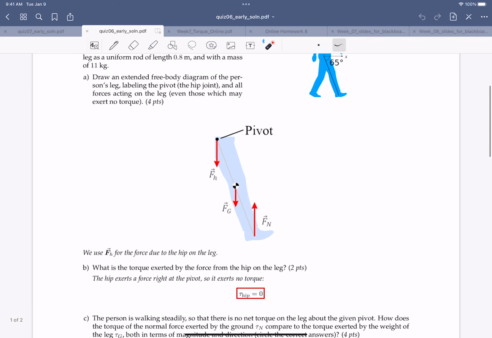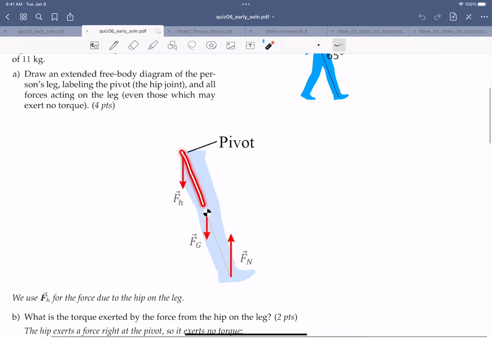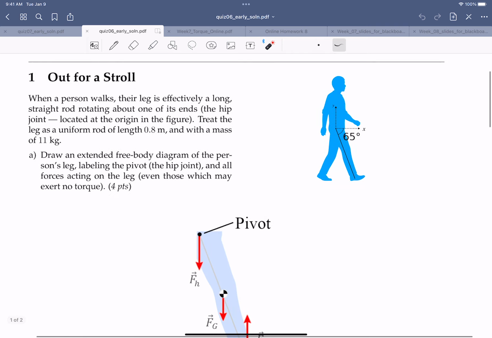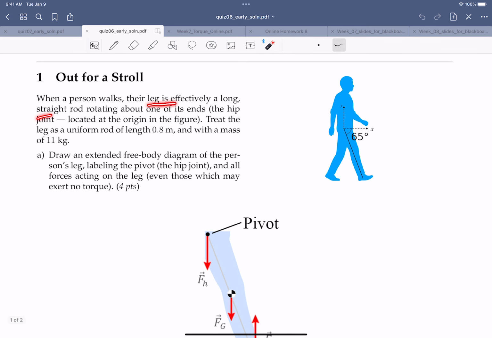So if you have your leg and you're walking, you can think of your leg as a rod, right? Now, the leg alone has a certain mass, and therefore it has a center of gravity. If the leg is treated as a long straight rod and it's uniform, what does that mean for the center of gravity?